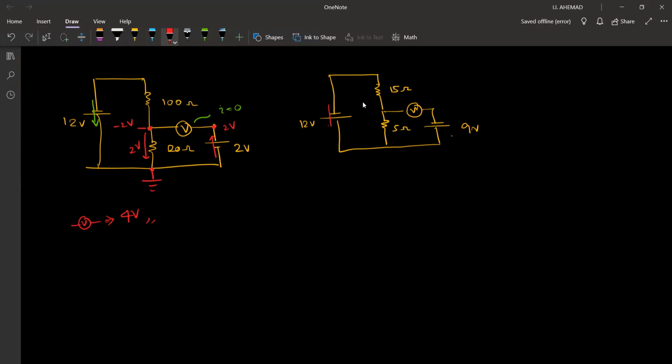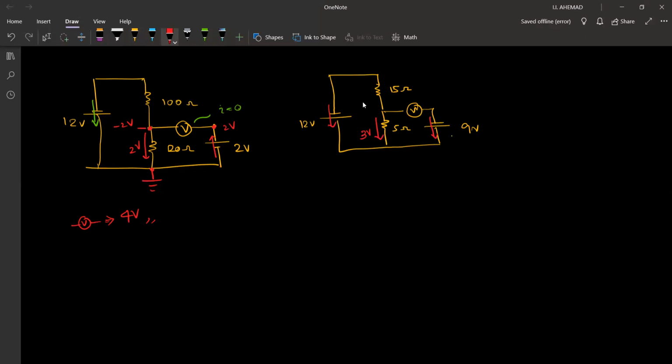So here the potential will increase by 12. Using the potential divider, it is 1:3. So 1/4. 1/4 of 12 is 3 volt. Here we have a 3 volt drop. And here this battery will increase by 9 volt.